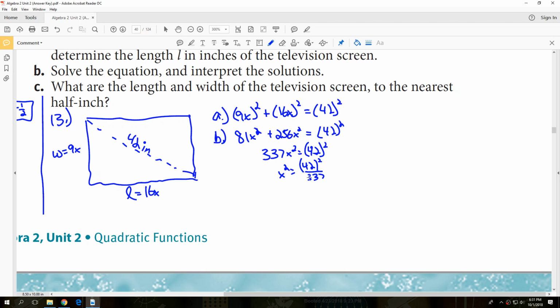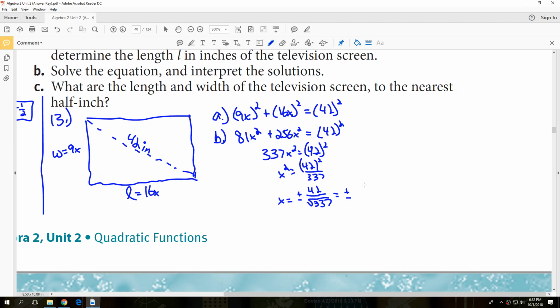All right, and then I'm going to take the square root of both sides. So x is equal to plus or minus, the square root of 42 squared is just 42, right? So 42 divided by square root of 337. Okay, and I need to rationalize this, so I need to multiply top and bottom by the square root of 337.